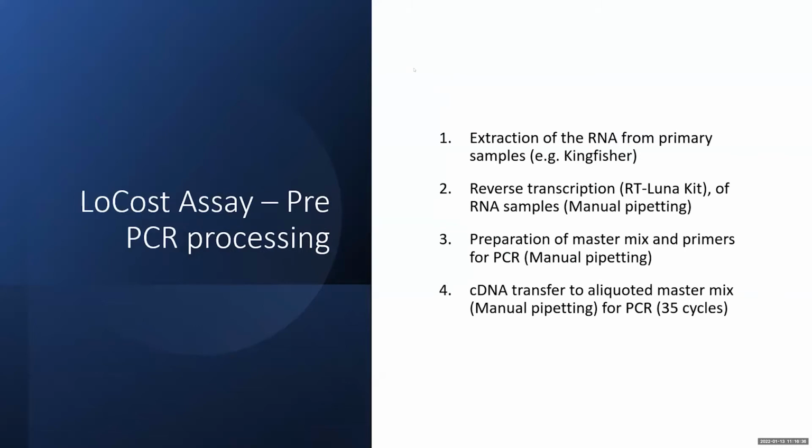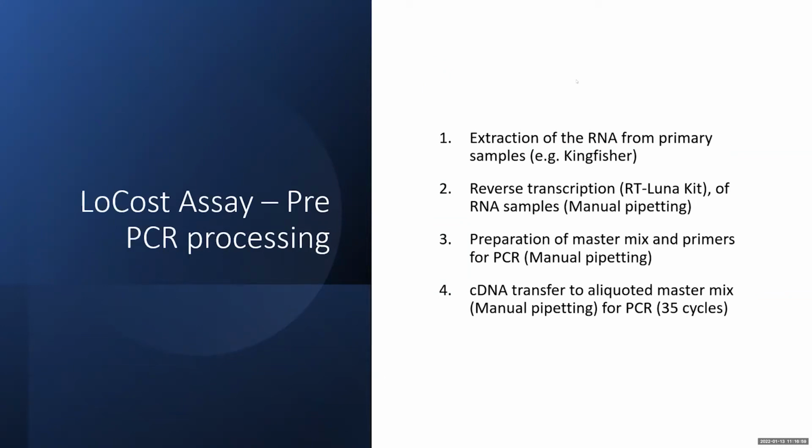But the main protocol I've been working on is for the low-cost assay for Oxford Nanopore Technologies, which is a process that involves 2 general sections: a pre-PCR stage, where you will extract the RNA from the primary samples, and then prepare the cDNA, and then amplify this with a PCR reaction.